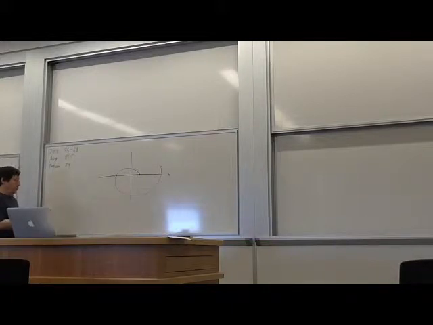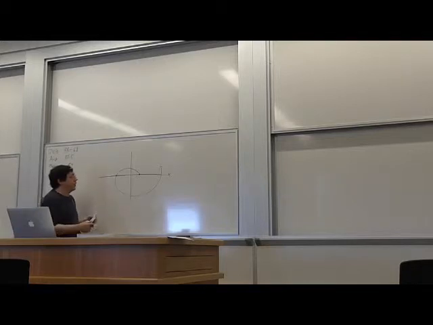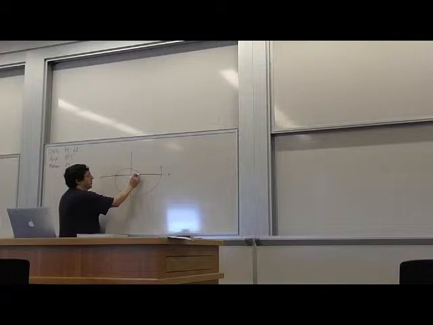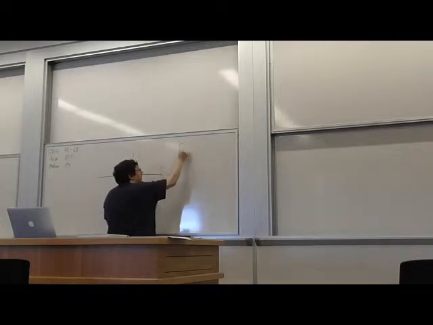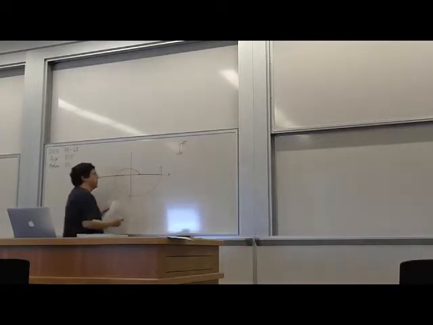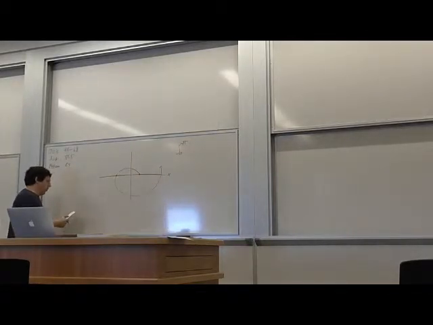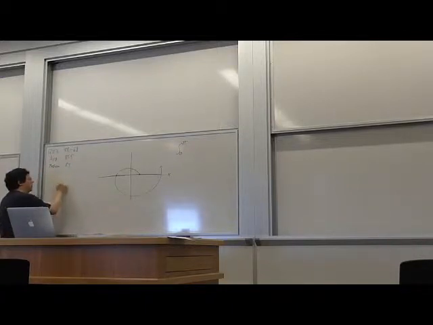So how do you find that? Well, there's a couple ways. You could look at it by inspection and realize that theta is going from 0 to pi. But if you wanted a straightforward way to do it, you would look at the equation for y.